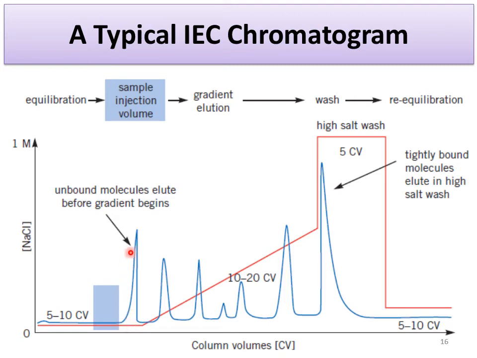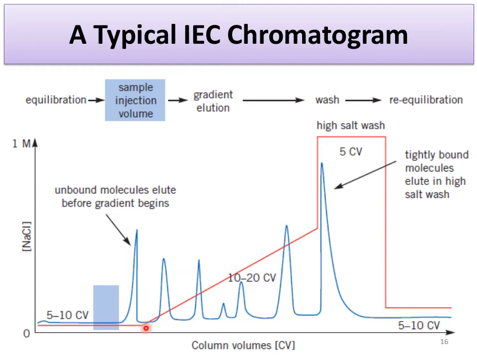So this increase in absorbance here represents those proteins which were not able to bind to the column, and they were removed from it. The proteins which were able to interact with the column would stay in it.